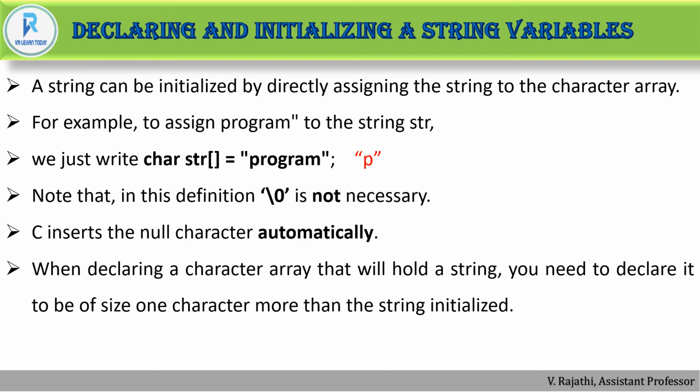Automatically it will be inserted. You should not give it in each and every string. It's already taken as \0. When you declare a character array that will hold a string, you need to declare it to be 1 character larger than the size of the initialized string.